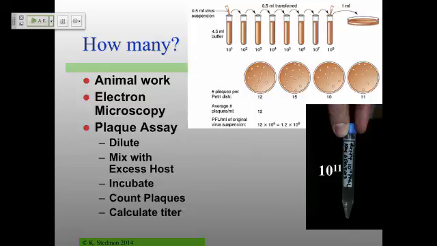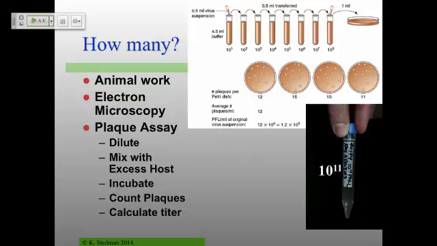Animal work, which is, okay, in the most extreme case, bipedal upright animals. But basically looking at how viruses spread in animals in different populations, et cetera. That gives you an idea of numbers of viruses. It's really important if you're actually trying to study pathogenesis.